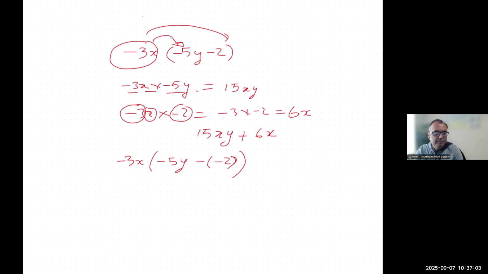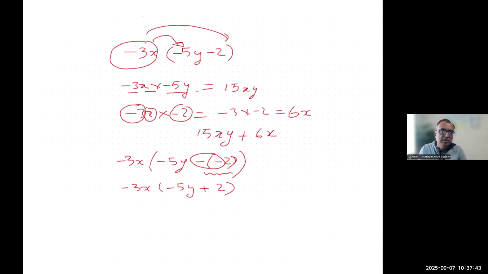Okay, let's see what's happening. Before you deep dive and start solving with the distributive law, BODMAS comes into play. You've got a bracket inside a bracket, so you need to open this bracket up first. So this becomes, negative negative makes it a positive 2. The inner bracket needs to be dealt with first. And now, simple, the distributive property will kick in.